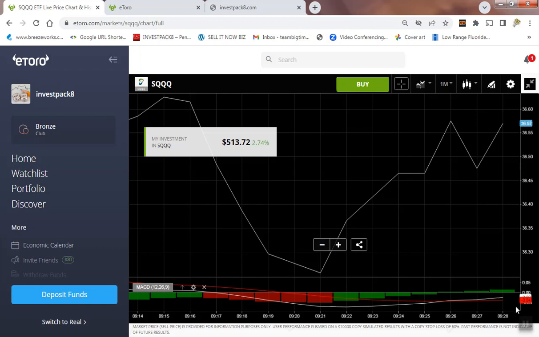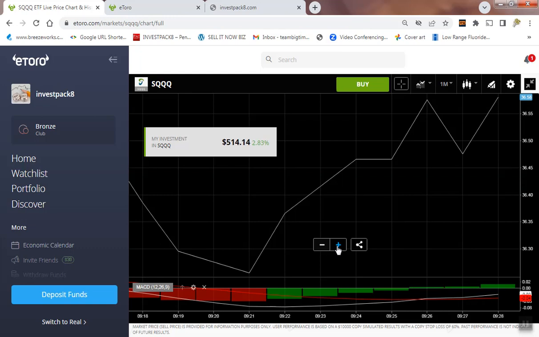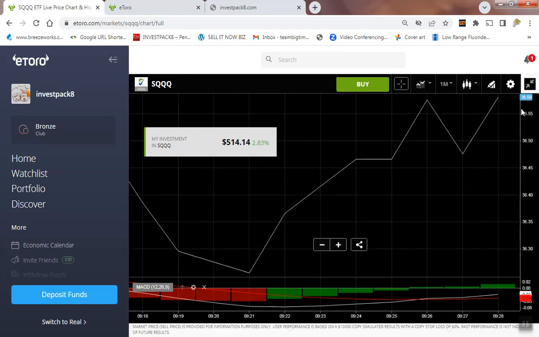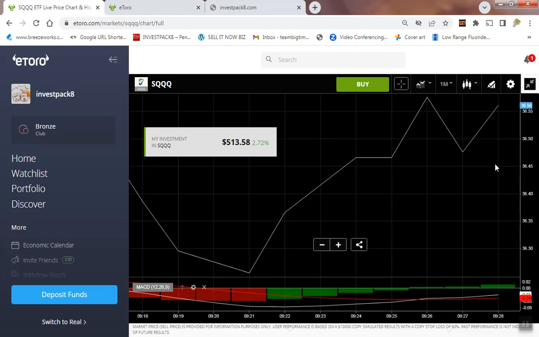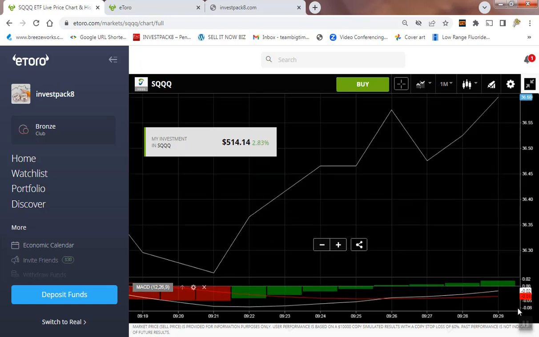You don't have to worry about getting off of it. So your green line is growing. It's building up more and more equity.